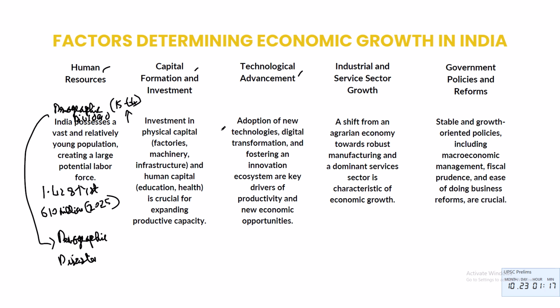Next one is technological advancement. Adoption of new technologies, digital transformation, and fostering an innovation ecosystem are key drivers of productivity and new economic opportunities. In this concept, we can bring in UPI and Digital India as a few examples of technological advancements.